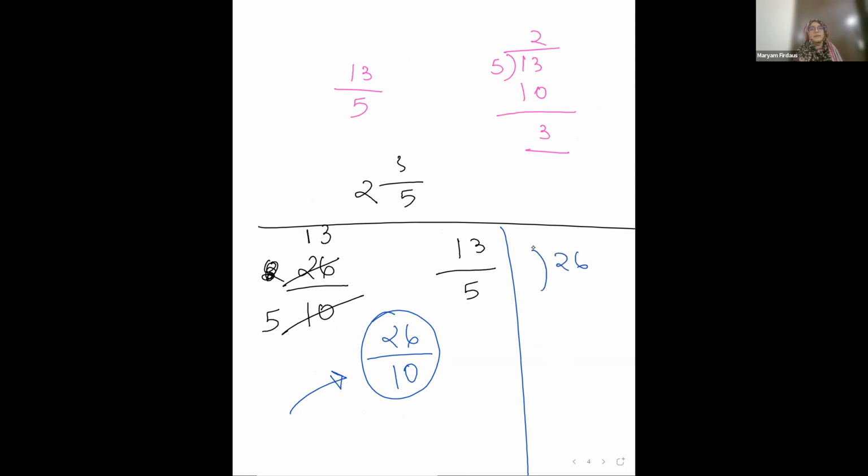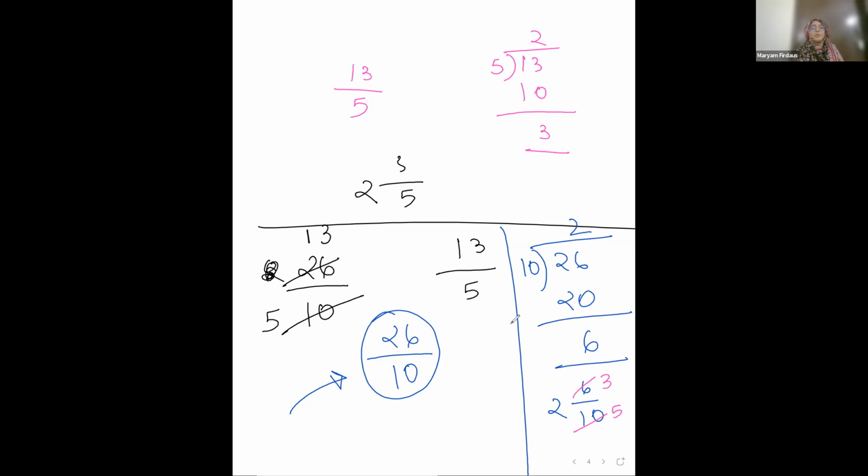So 26 by 10, 10 twos are 20. We are left with 6 as a numerator. So the mixed fraction now becomes 2, 6 by 10. And now when you cancel 6 by 10, you can actually cancel them. 2 threes are 6, 2 fives are 10.